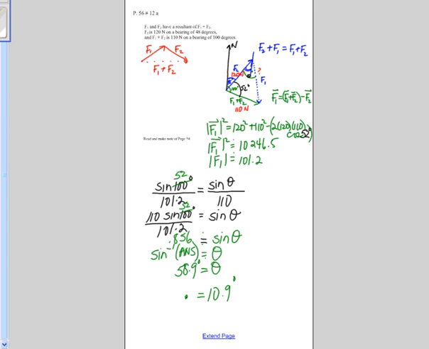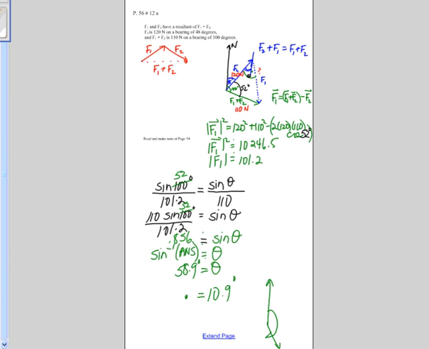That means that force 1 goes from north and turns almost all the way south, but backs up 10.9 degrees and aims in that direction.